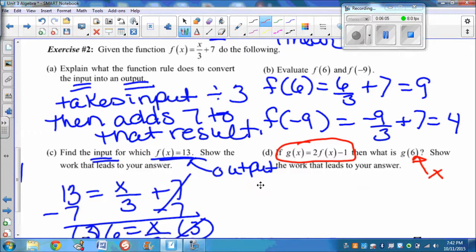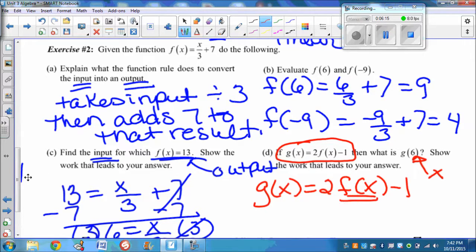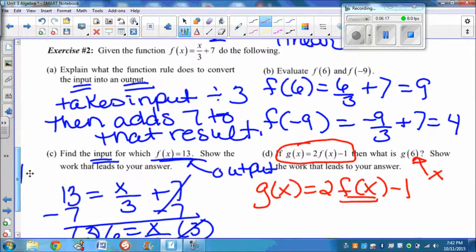So right here, if it's saying that g of x is 2 times f of x minus 1, we've got to find out what f of x is given that input. So we're using our function that we've been working with, and we've got to do a preliminary step here first. So I'm going to do f of 6, which is, did we do that? Oh, we did do that. That f of 6 was right up here.